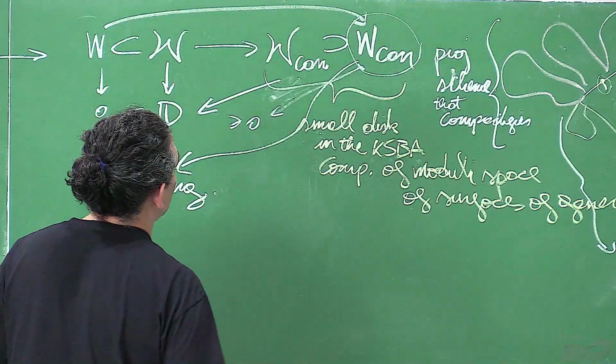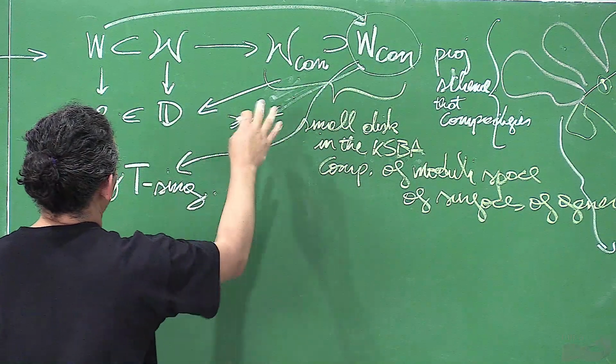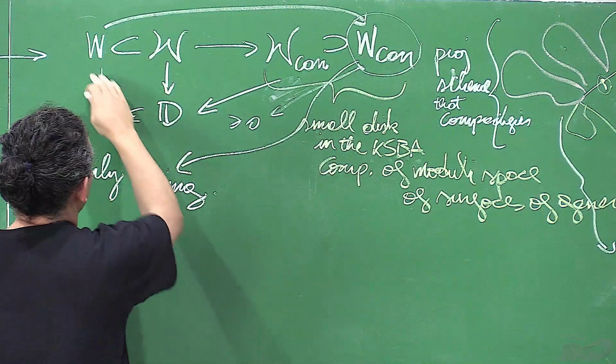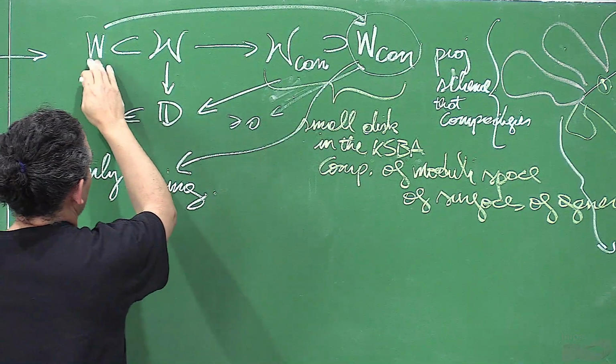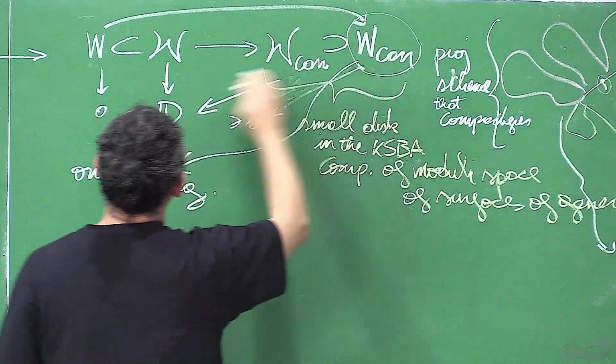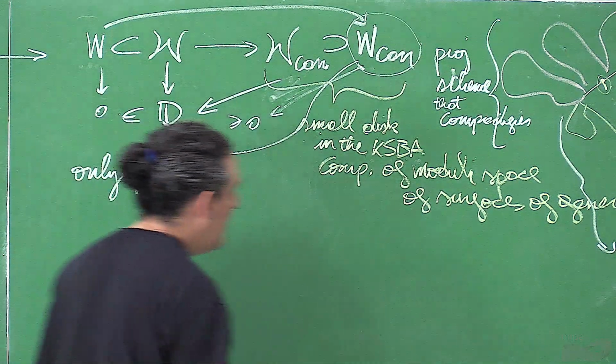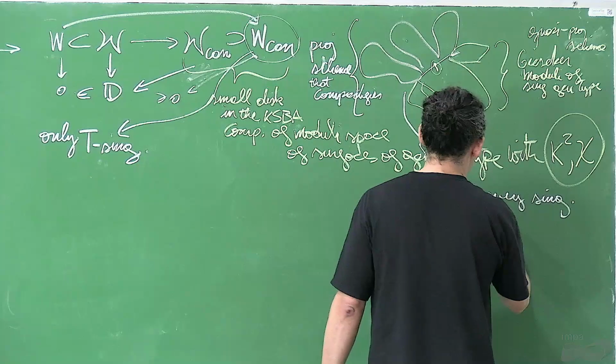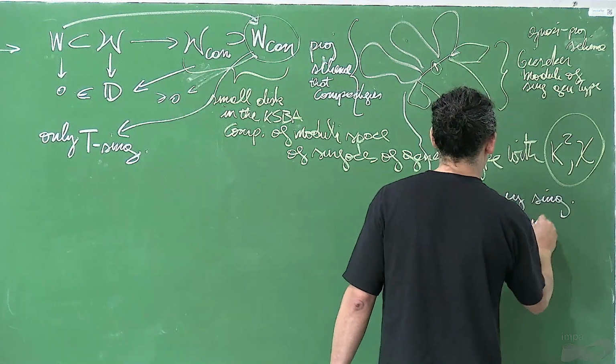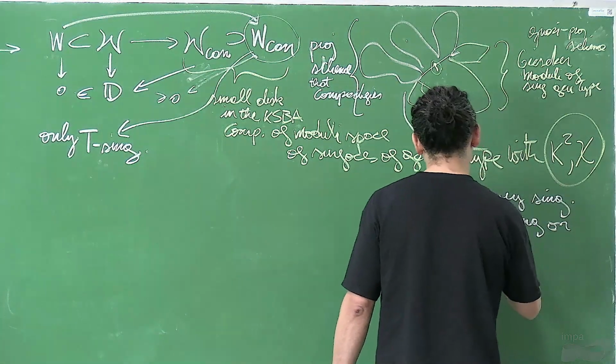And so you might think the replacement of ADE singularities, when you have the classical situation, you go from smooth to ADE. Now you go from Wahl to T singularities. This is the replacement. But not every singularity is T singularity on these surfaces.